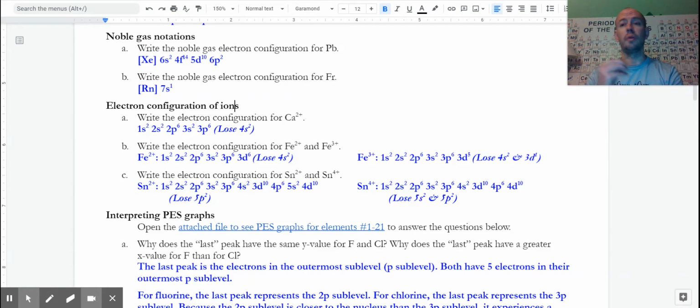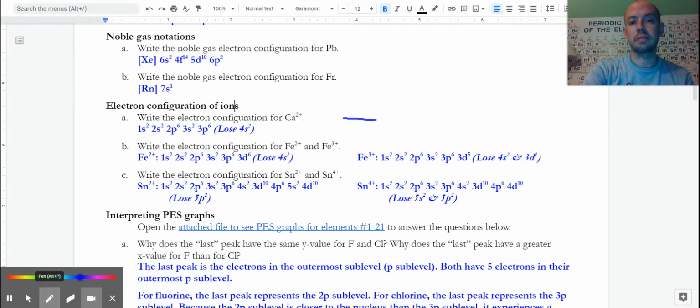So iron, along with many of the transition metals, will likely form a +2 ion. In doing so, it loses the s electrons from that highest sublevel. But iron also forms a very common and very stable +3 ion. So when we look at that, we're just losing from the next most likely place.